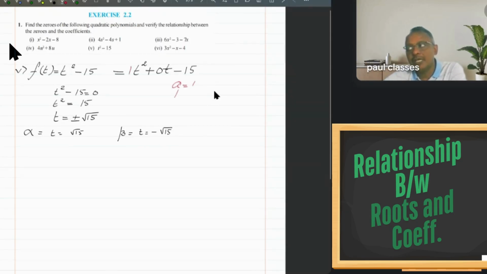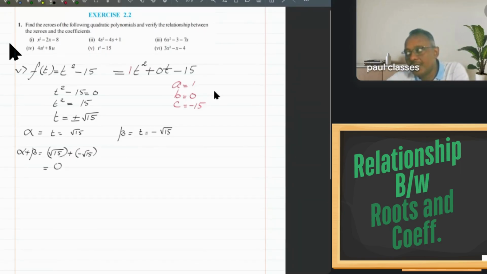What is b here? 0. What is c here? Minus 15. First and foremost, find out what is alpha plus beta. It is root 15 plus of minus root 15. Add up will give you 0.